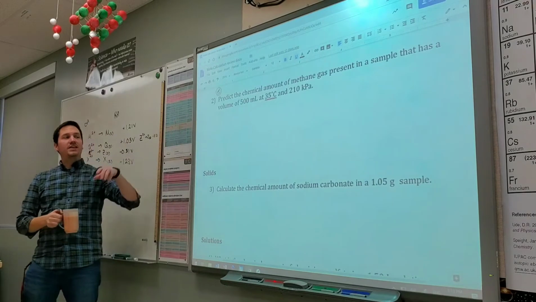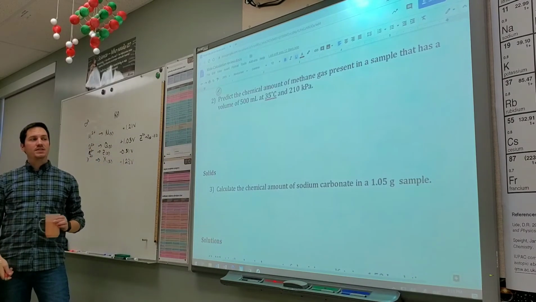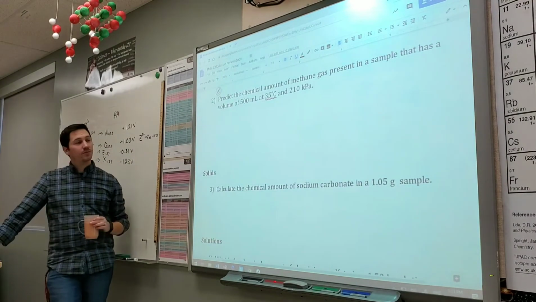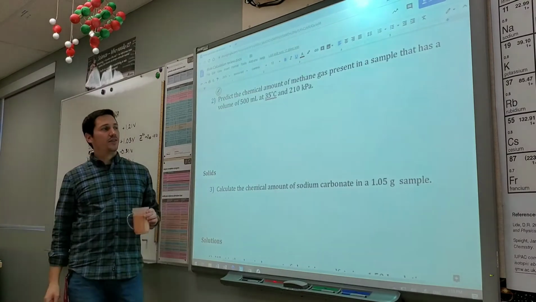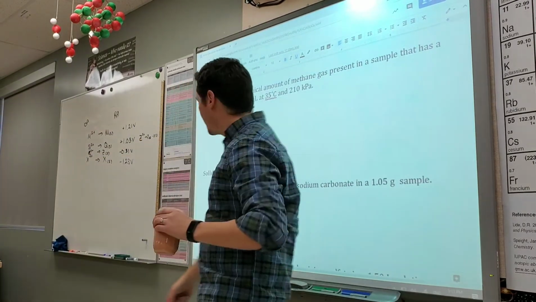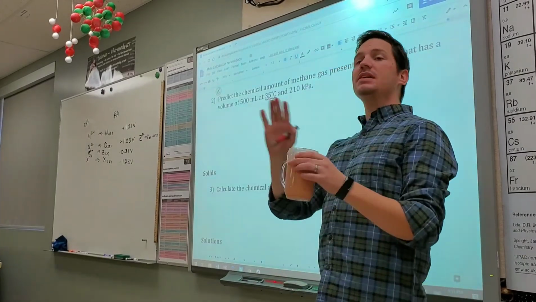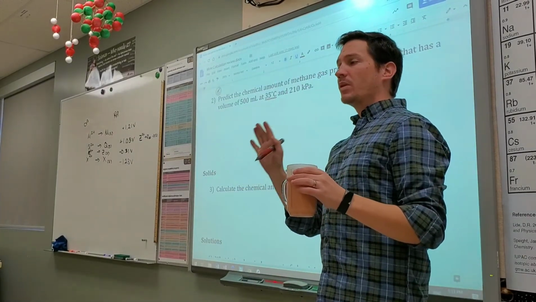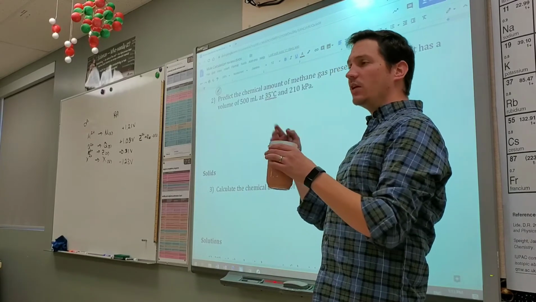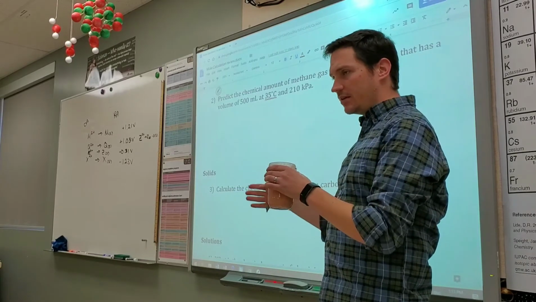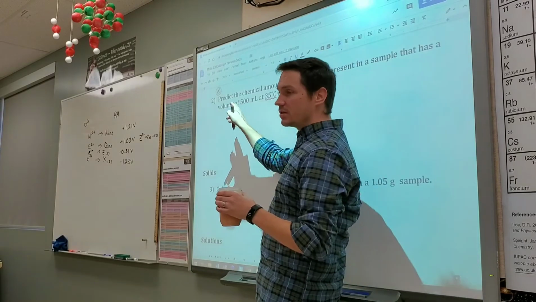It says predict the chemical amount of methane gas present in a sample that has a volume of 500 milliliters at 35 degrees Celsius and 210 kilopascals. First of all, I want you to take a look at this. This is a gas. What units do we like to deal with gas properties in? Do we like milliliters?